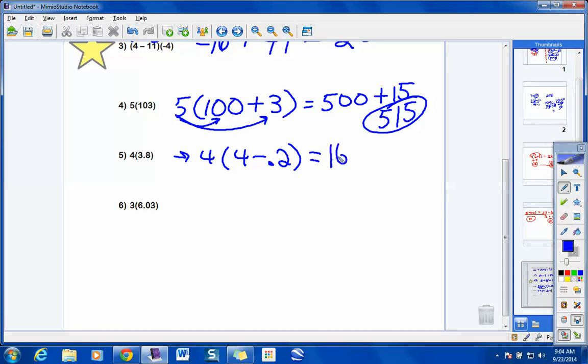And then 4 times negative 0.2 would be negative 0.8. Okay. Anybody know what 16 minus 8 tenths or 0.8 is? If you're not sure, punch it in. It's 0.8. It's like $16 minus 80 cents. 15.2. Good.